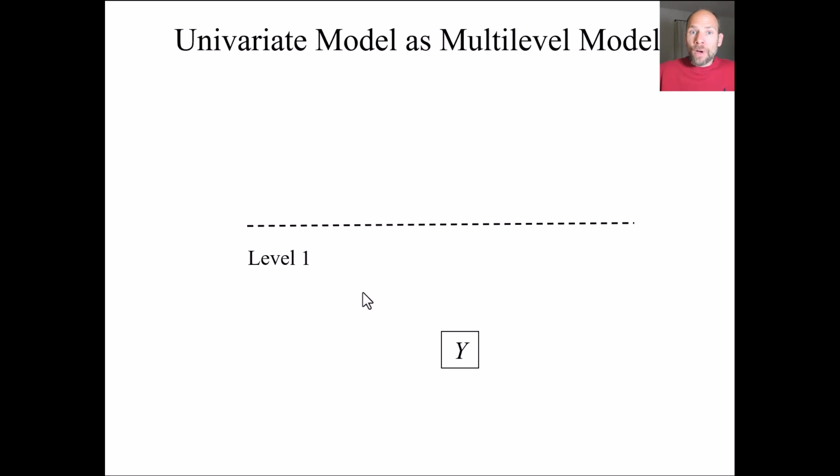Now those 4 columns are stacked into 1 column, so we have a long format data set, and we have a person ID variable that tells us which rows belong to which person.